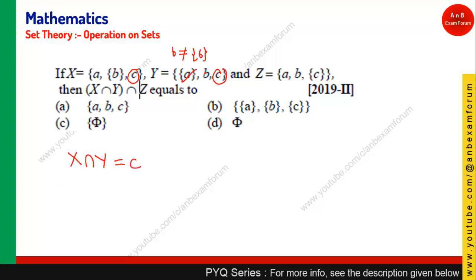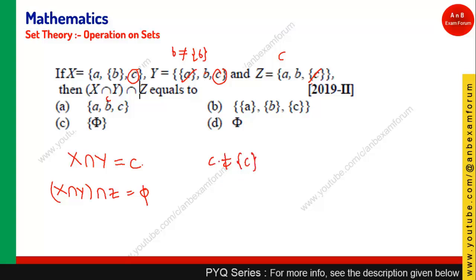Similarly, x intersection y intersection z. We have c here, and in this set, what is common? Since this is a set and c is an element, those two are not equal, therefore the answer would be the null set, because c is not equal to the set c.